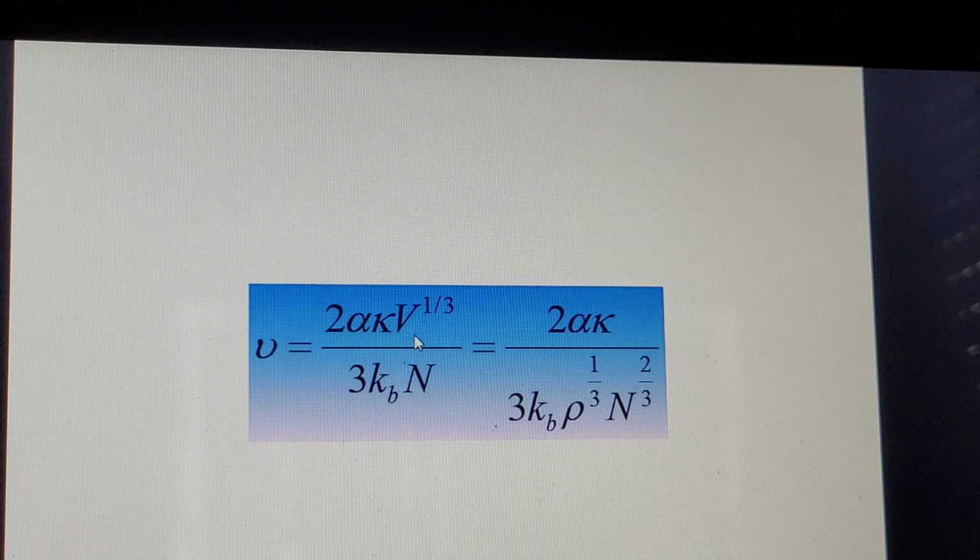You know the relation between the volume and the density, so we can simply say that density is equal to the number of particles divided by the volume of your system, and then you can derive this formula.